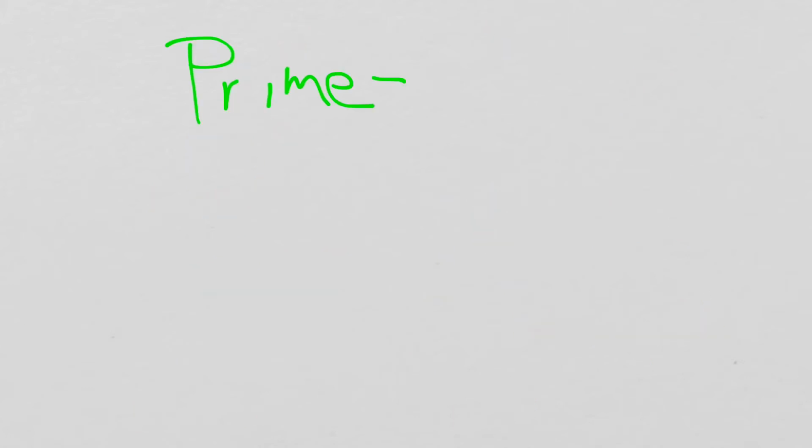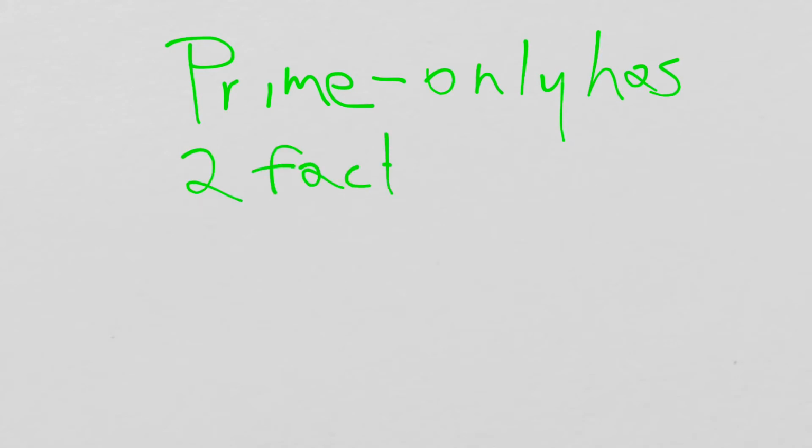So what are our definitions? A prime number only has 2 factors: 1 and itself.